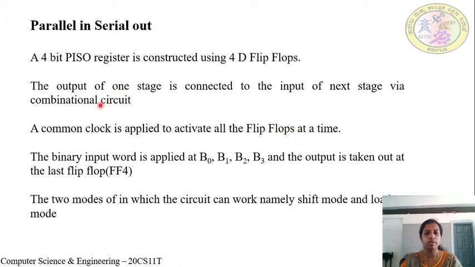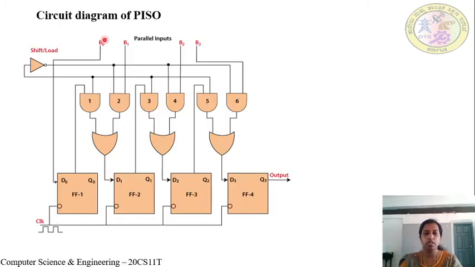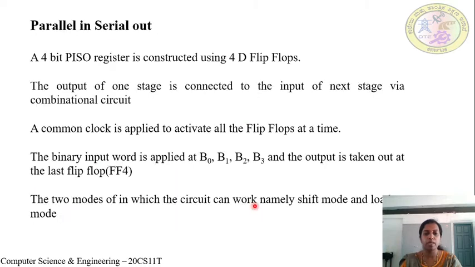The binary input word is applied at B0, B1, B2, B3, and the output is taken from the last flip-flop, that is FF4.